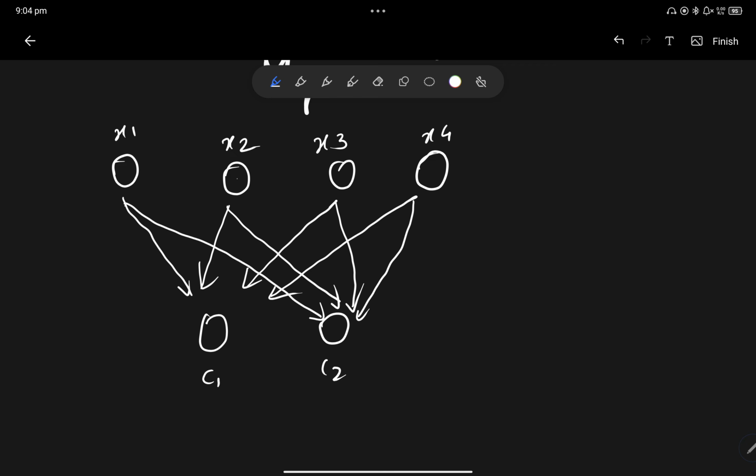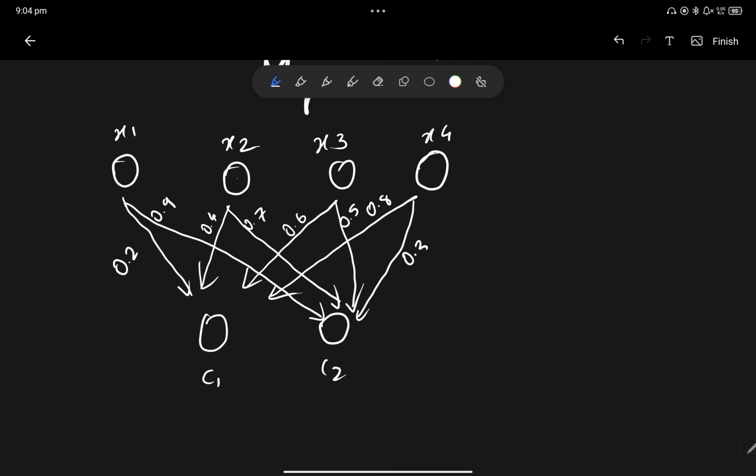In these nodes we'll have some values here: 0.2, 0.9, then 0.4, 0.7, 0.6, 0.5, 0.8 and 0.3.